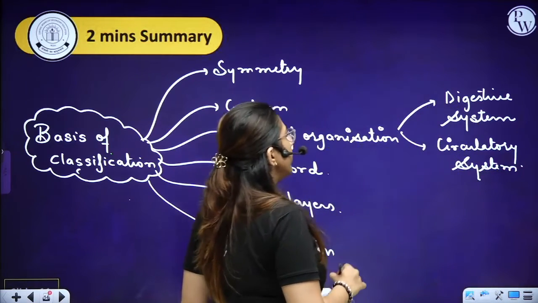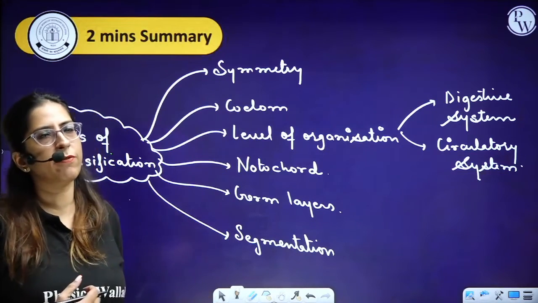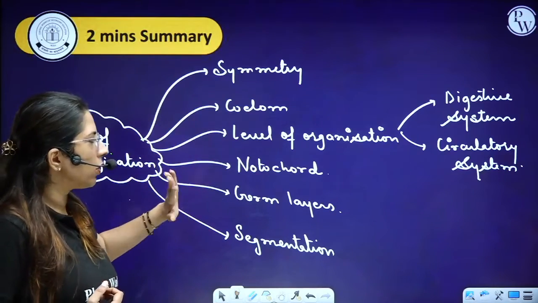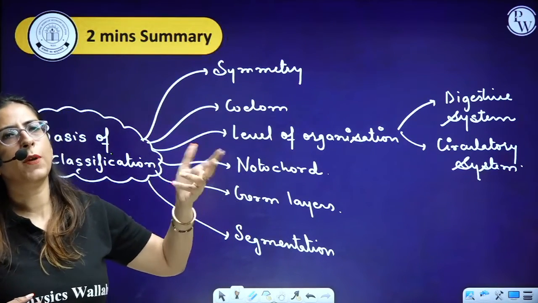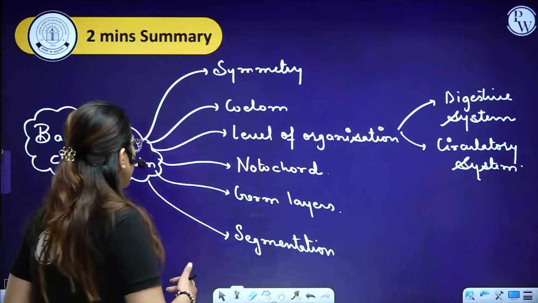Open circulatory system is found in arthropods, and closed circulatory system is found everywhere else. No capillaries are present in open. So notochord: the chordates and the non-chordates. Germ layer: triploblastic and diploblastic. Segmentation, we talked about the metameric segmentation.